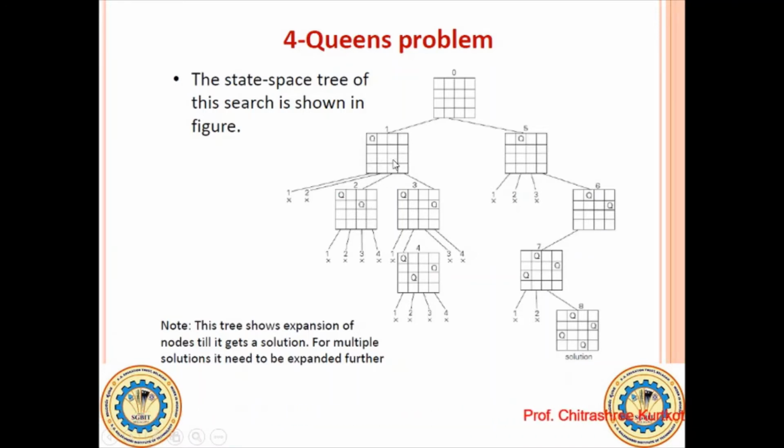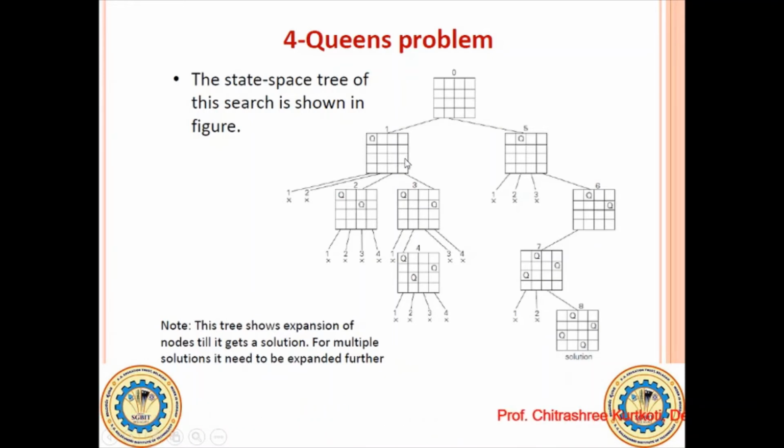So here we will be observing the third row for the third queen to be placed. We cannot place the third queen here because the first queen is already in this first column. Can we place it in the second place? No, because queen 2 is already there, which becomes a diagonal. Can we place it in the third place? No, it will be in the same column as queen 2.